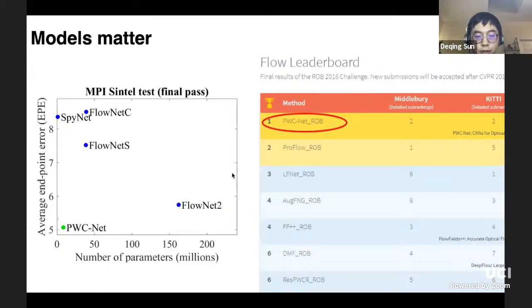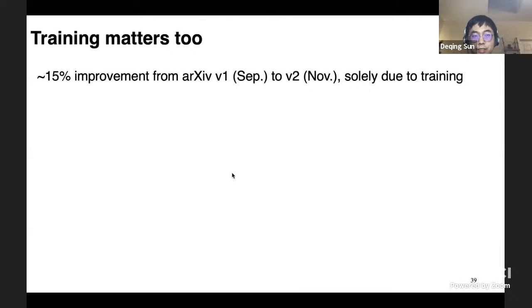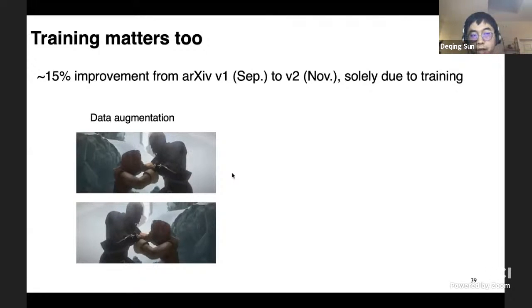So all seems very good, but there is something tricky. In the process, we found the training procedure also matters. So we have 2 different versions, version 1 and version 2. And there is about 15% improvement that comes purely from a change of the training details. The model architecture is exactly the same.